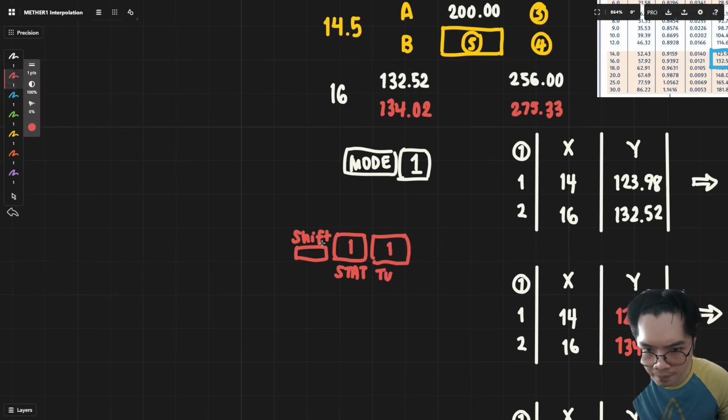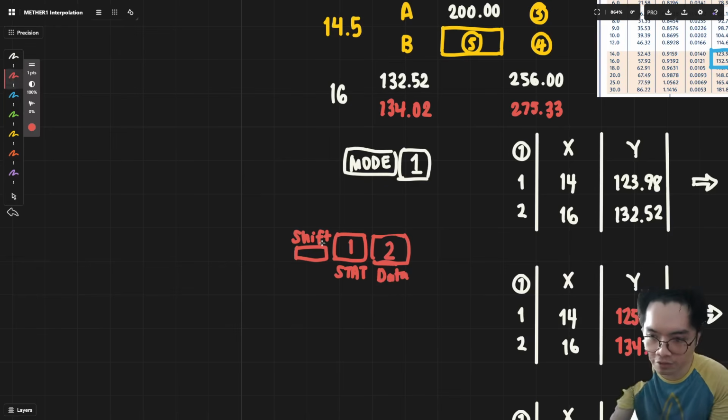Type in here does not mean you type in the values. You want to change the type of the statistics that you are using. Or honestly, number 2 will take you back to the data. So you can just retype instead of typing out the full 14 and 16 again.